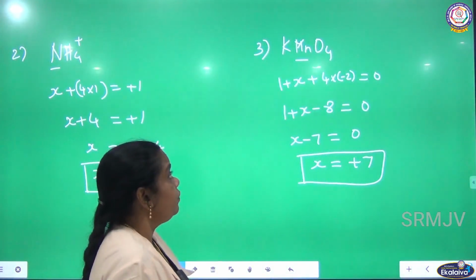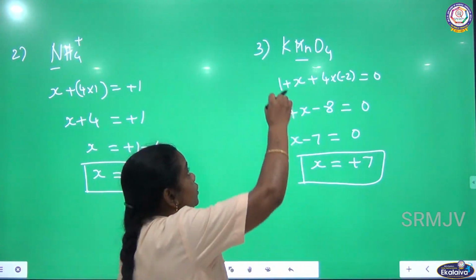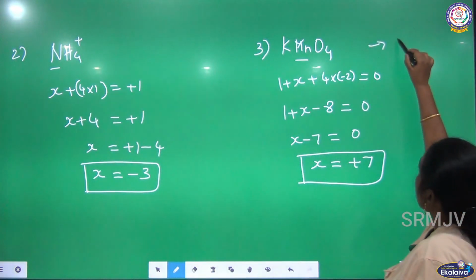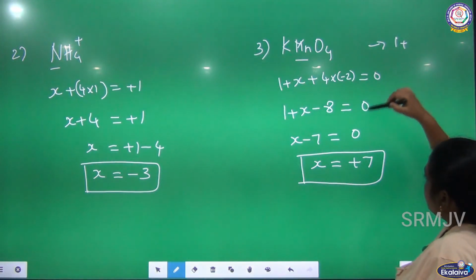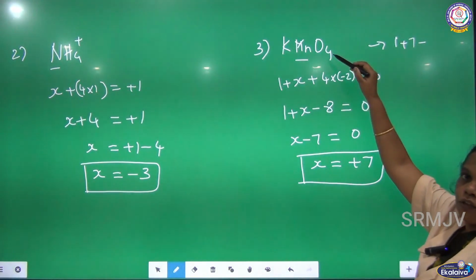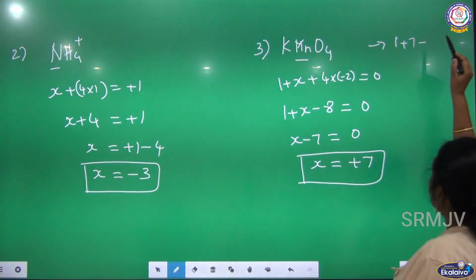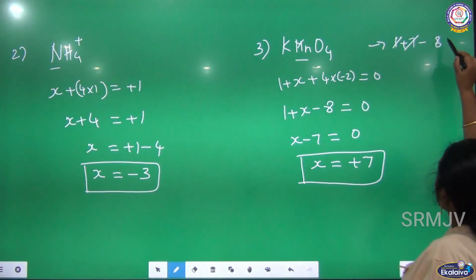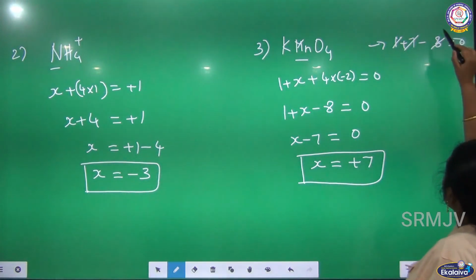Now you have to check with the algebraic sum. So potassium has +1, plus 7, and 4 into -2, -8. So now +1 plus 7, 8, minus 8 equal to 0.